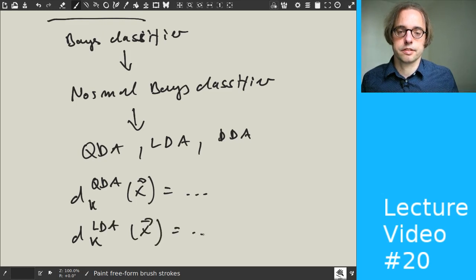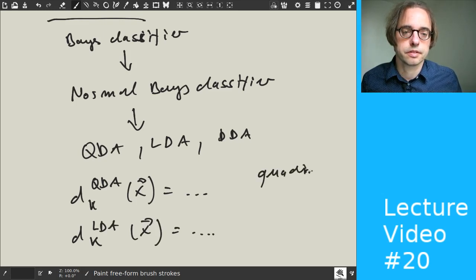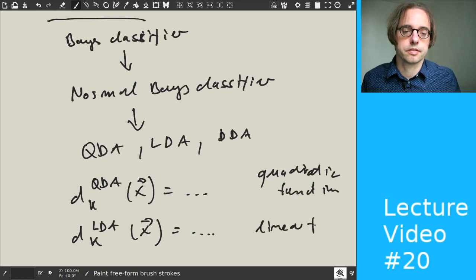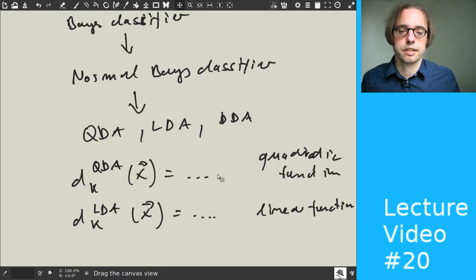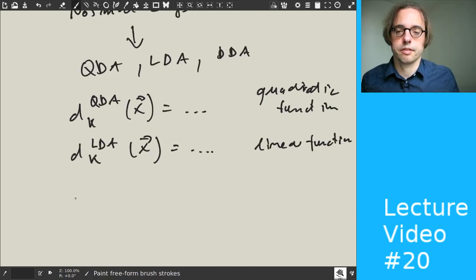This was a quadratic function, and this was a linear function, and then of course we also have DDA of x.